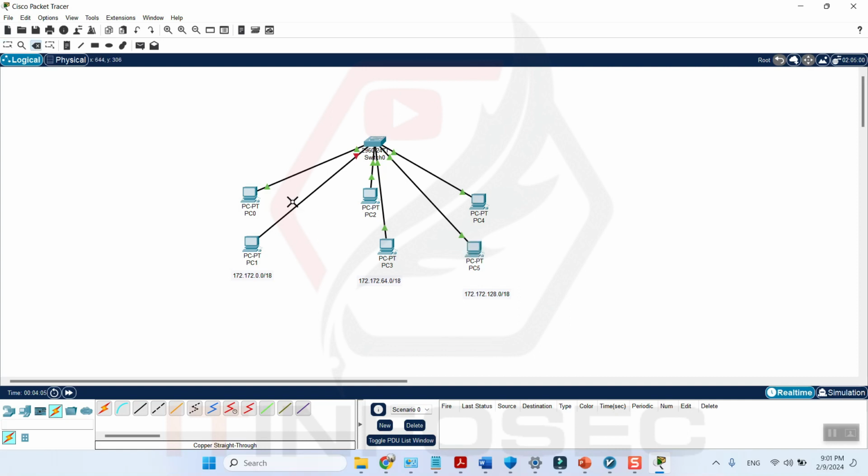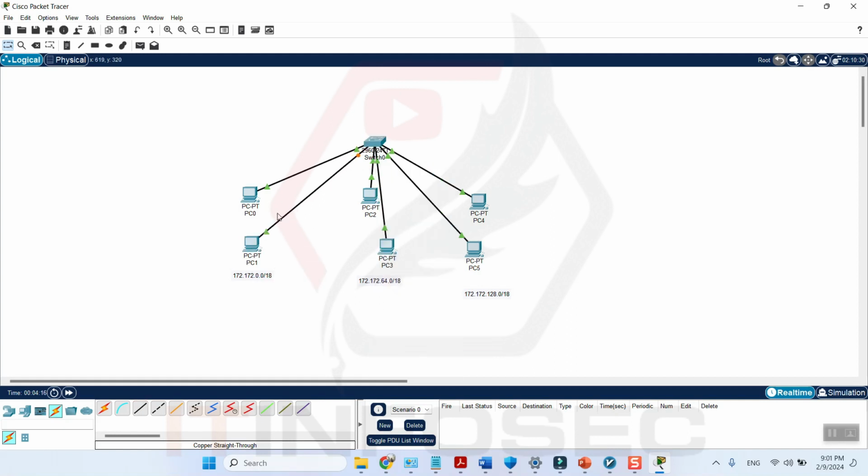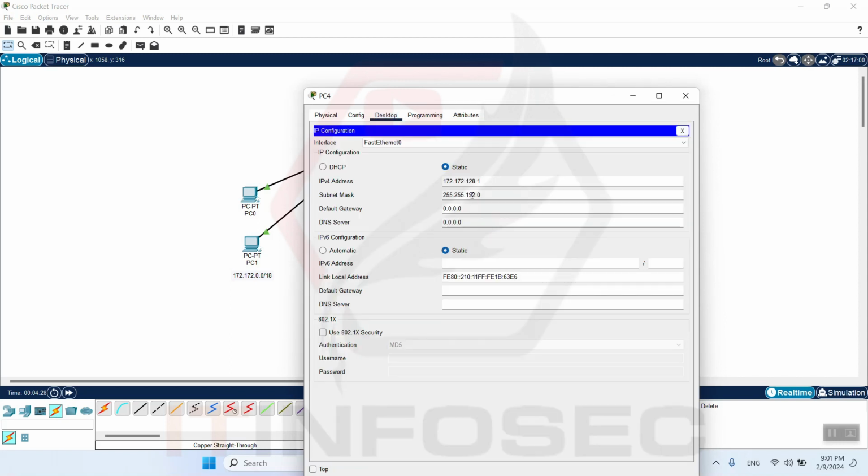Let me connect that one again, PC from Fast Ethernet to port number 2, until it's up. 128.1 and 2.